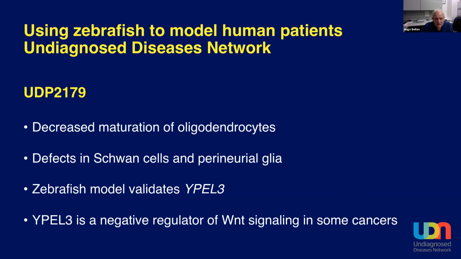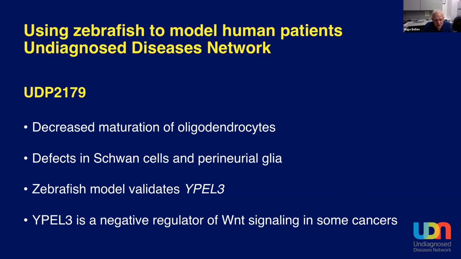So in essence, it shows you how nice the zebrafish model is to make a direct connection with the phenotypes observed in the patient. There is a decreased maturation of oligodendrocytes. There is a defect in Schwann cell and perineural glial cells. The zebrafish model obviously validates that yippee-like 3 is the cause of this human disease.